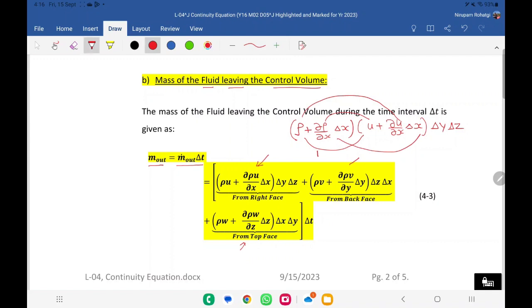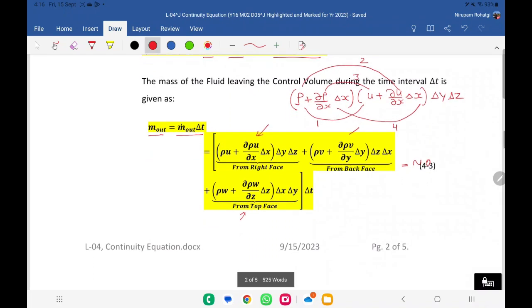The fourth term will be negligibly zero, so you'll get 3 terms, and this is the same as this. The fourth term is negligible because delta x is coming twice. I have written it briefly so that you can hide this. The same applies to the others.